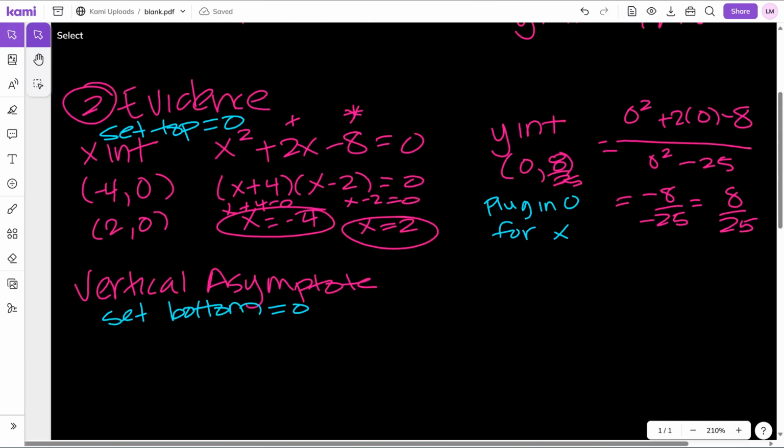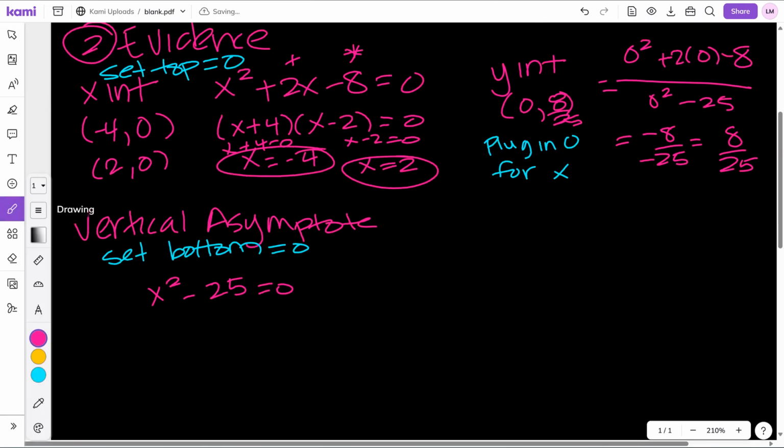So let's do that real quick. The bottom is x squared minus 25. I'm going to set that equal to 0. So a couple of things. I can factor it, or I can just solve for x, and I probably should have factored this to start with, so I'll go back and do that in a second. So x minus 5 times x plus 5 equals 0.